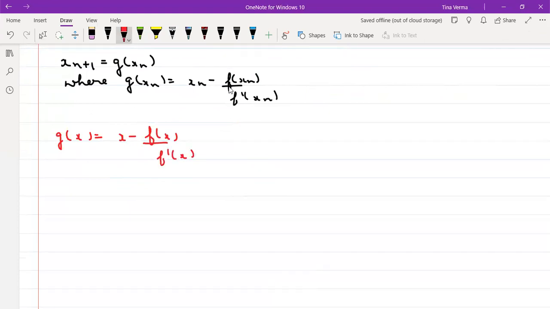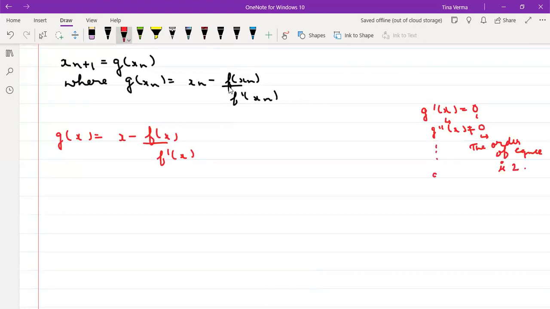We can remember the remark for the order of convergence of fixed point, that if I show that g dash x is coming out to be 0 and g double dash x is not equal to 0, then the order of convergence in this case will be 2.